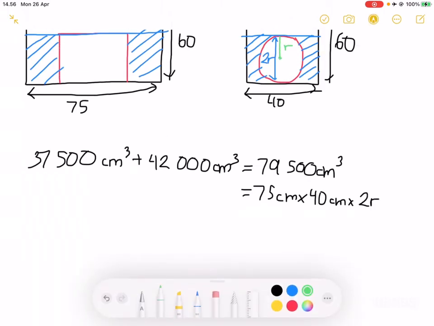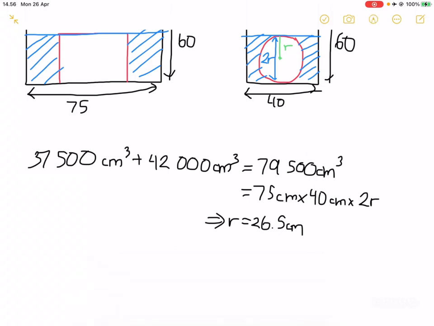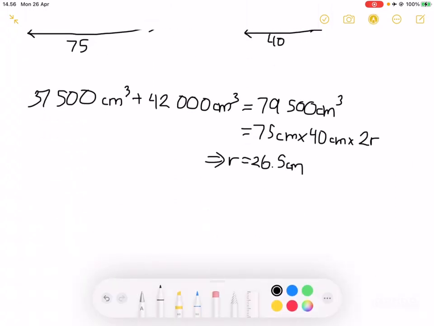And now we have a nice equation in terms of r, and you can solve that, giving us r equal to 26.5 centimeters. So that's one part of the question done, and let me just denote this by part A.